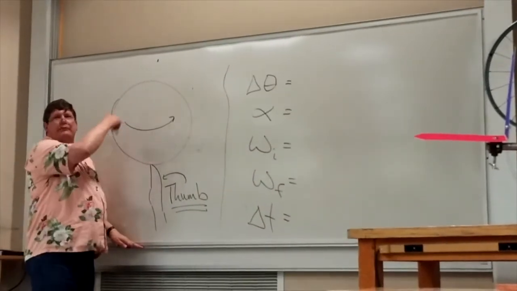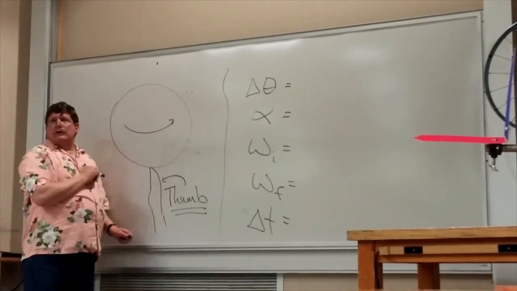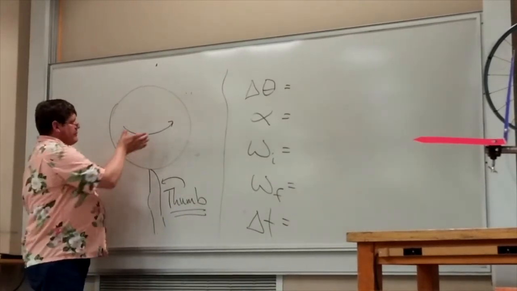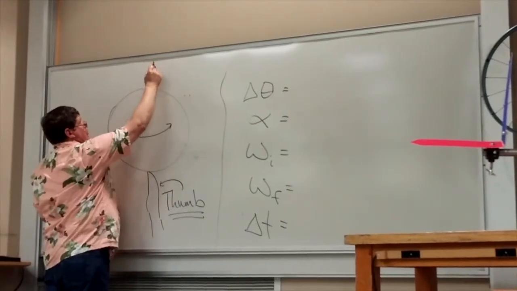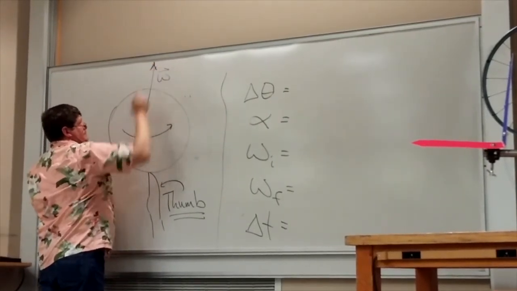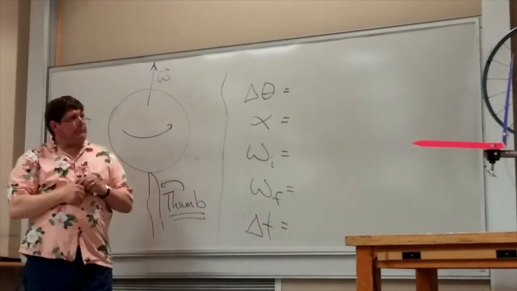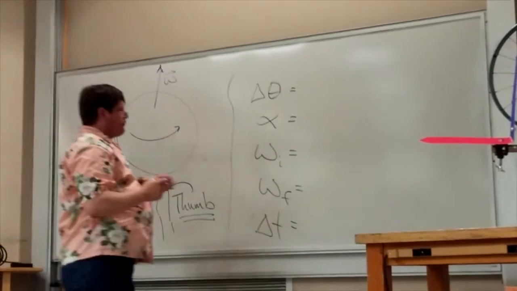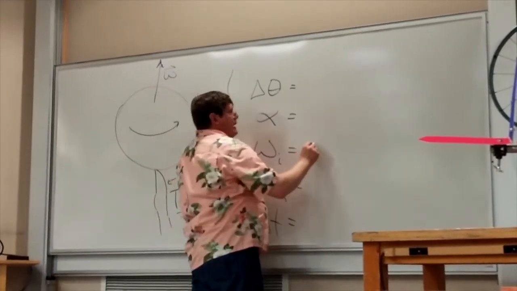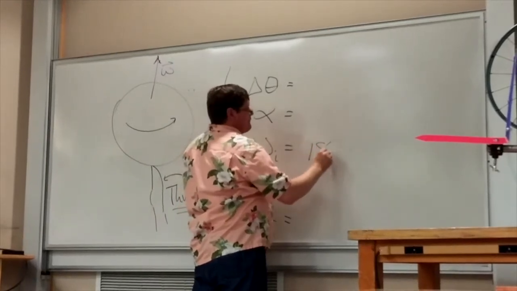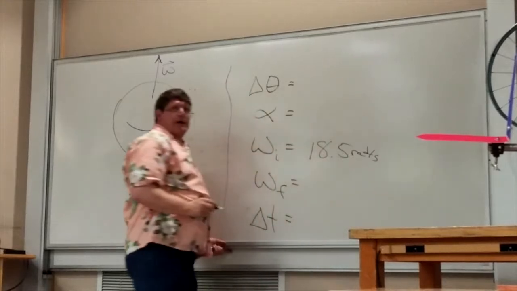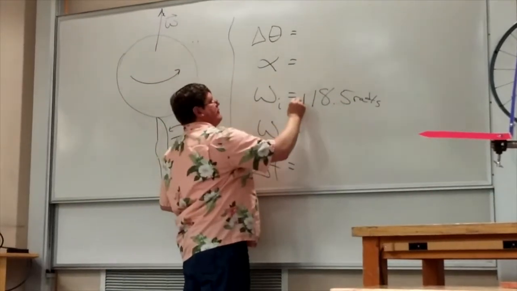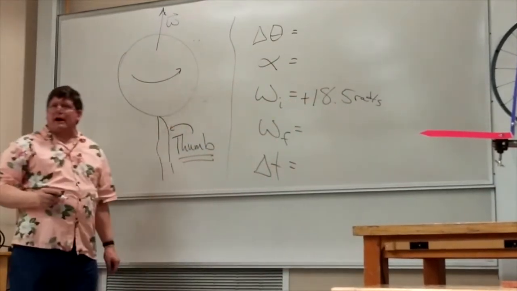If this ball is spinning in this direction, then by right-hand rule for omega, we would have an omega vector pointing up. Now, by putting my initial omega in as 18.5 radians per second, I'm putting it in as a positive 18.5.